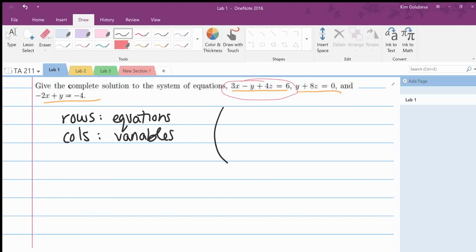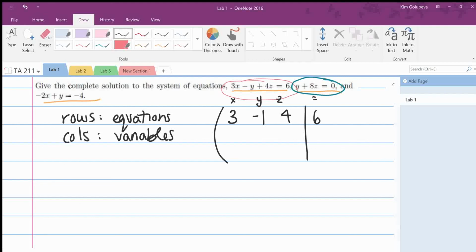So we have a 3, we're going to call this the x position, y position here, and z position here, and whatever it equals will be right here. So we have 3x and negative 1y, and we have 4z equaling 6. Okay, so that's our first equation here. Our second equation, we'll take a look at this.